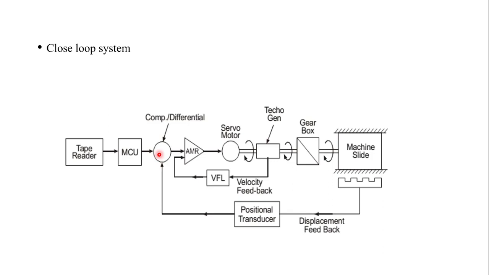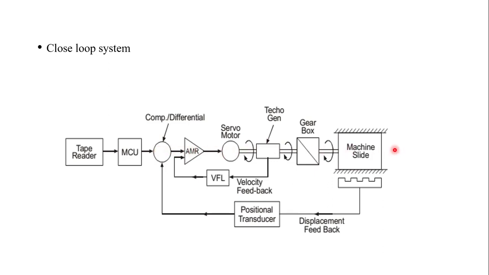This will change the input for the machine slide. For example, if you said to move the slide 10 mm but it actually moves 9 mm, then this displacement feedback goes to the computer, and the computer says the input is 10 but it has reached only 9 mm, so it has to be changed here.